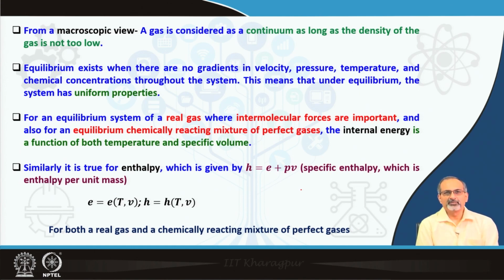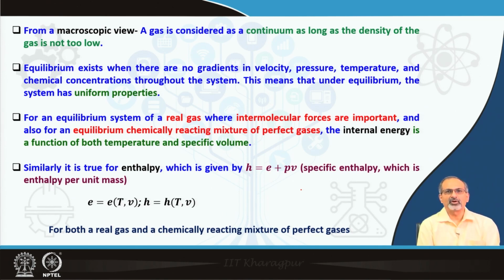For an equilibrium system of a real gas where intermolecular forces are important, and also for an equilibrium chemically reacting mixture of perfect gases, the internal energy is a function of both temperature and specific volume. So, there are differences with respect to a situation where it is a perfect gas.